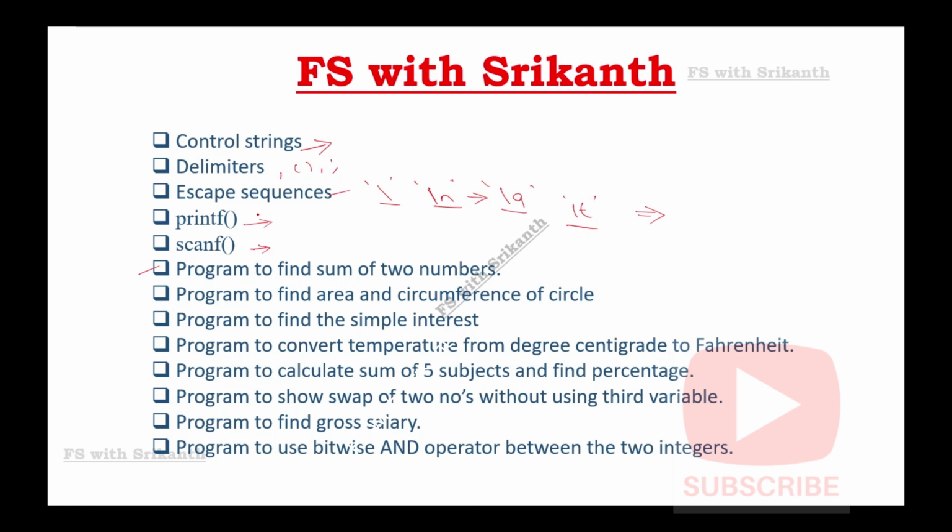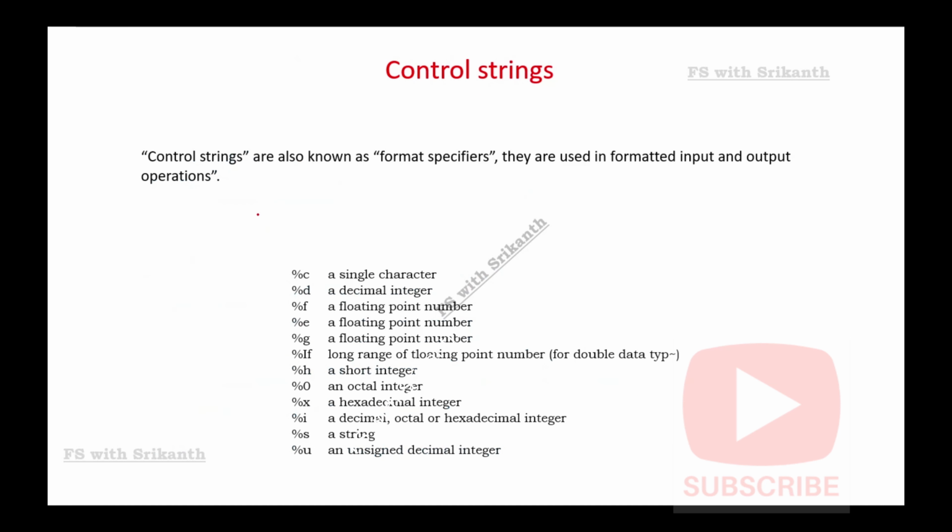So what is the use of these control strings? Control strings are used for input and output operations. What type of input and output operations? If you want to read data from the keyboard, suppose I am typing Srikanth, that means you have entered characters, so it reads only characters with the help of %s, the control string, and only then it collects.